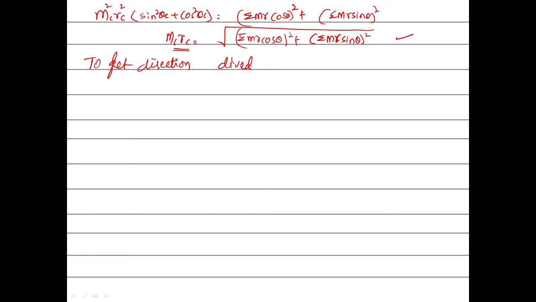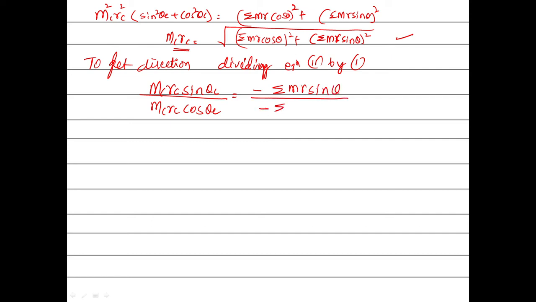So dividing equation 2 by 1, we get MC RC sin theta c divided by MC RC cos theta c equal to minus summation of m r sin theta divided by minus summation of m r cos theta.